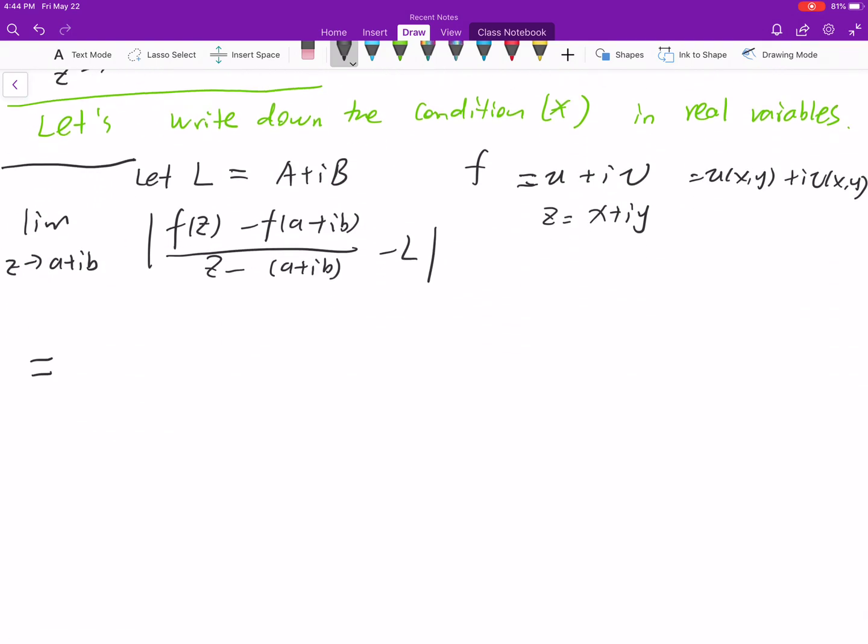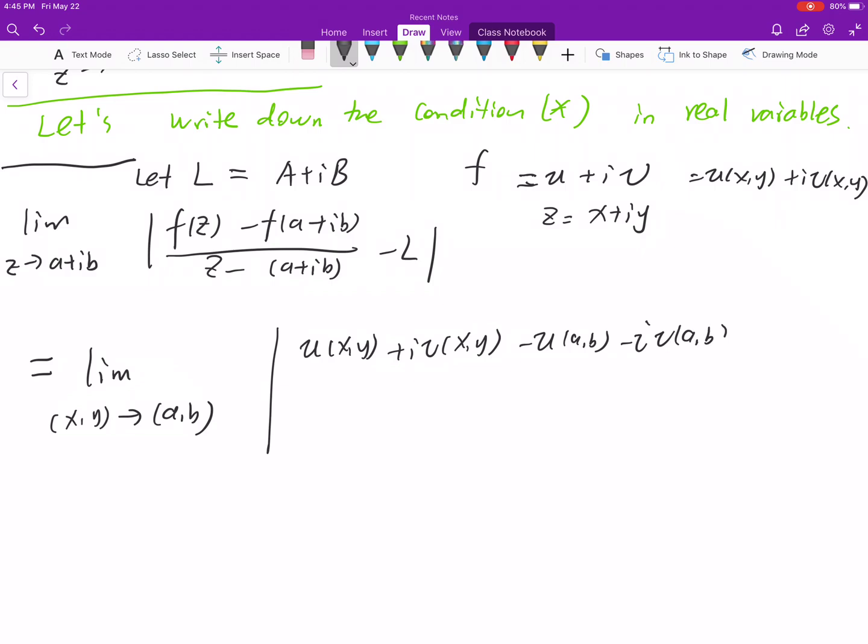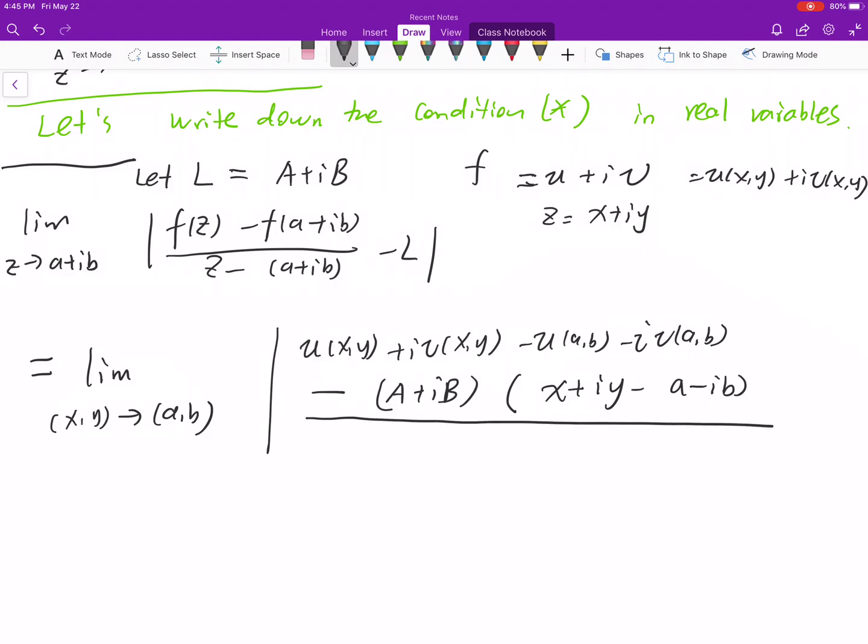So here we have the limit as (x,y) goes to (a,b) of u(x,y) plus i v(x,y) minus u(a,b) minus i v(a,b) minus (A plus iB) times (x plus iy minus a minus ib), divided by x plus iy minus (a plus ib).